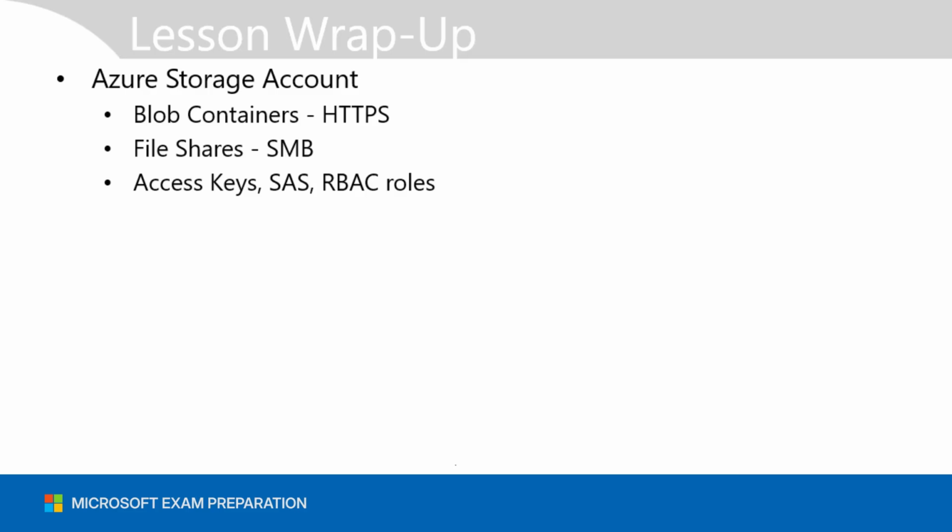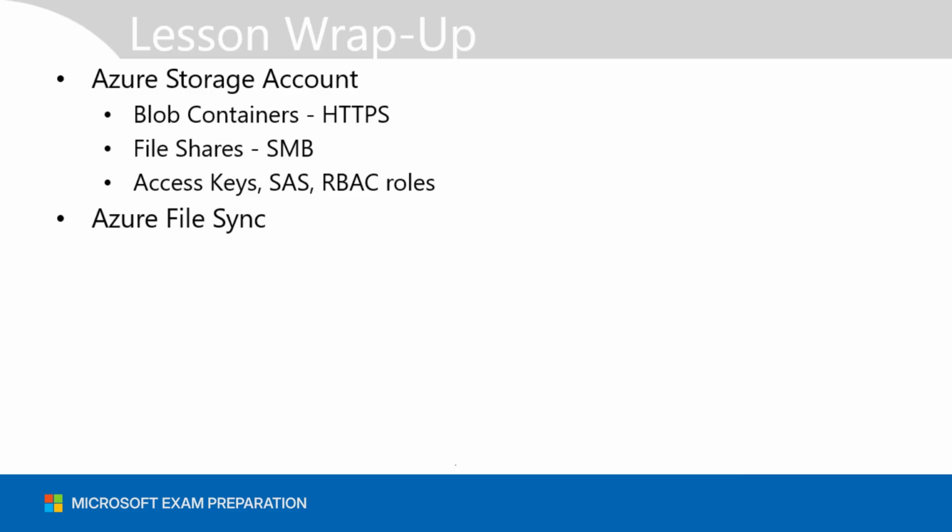We talked about ways to restrict access to storage via the two access keys, shared access signatures that are signed by those keys, or even by RBAC roles if you want to allow access to specific data inside your storage accounts.